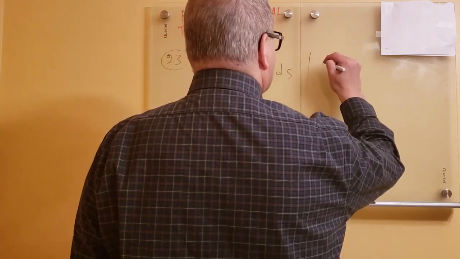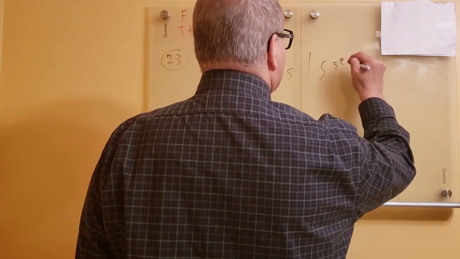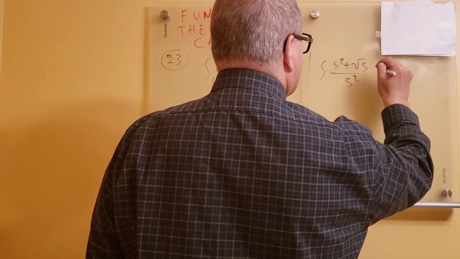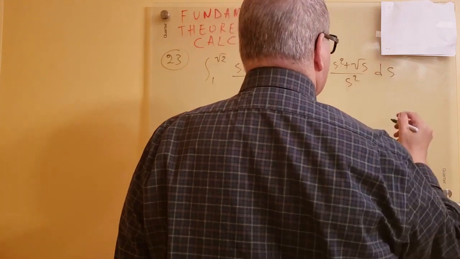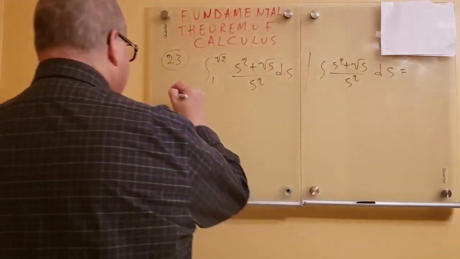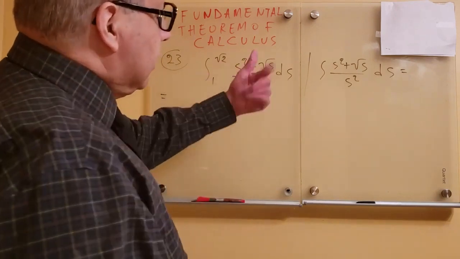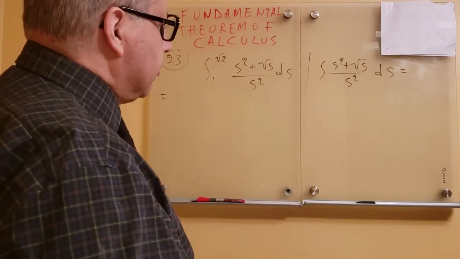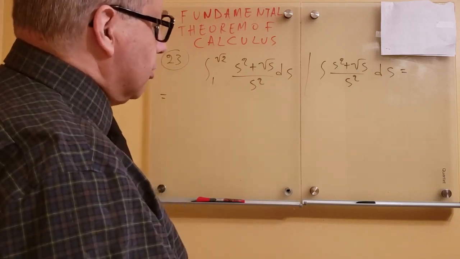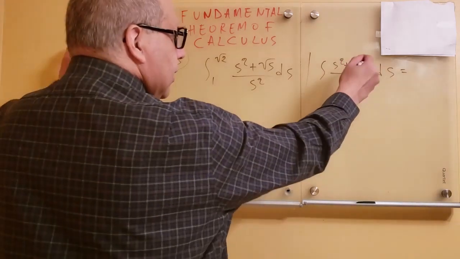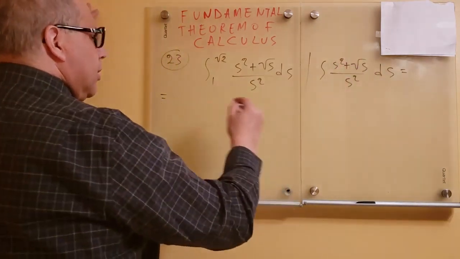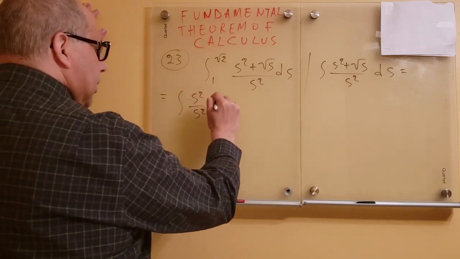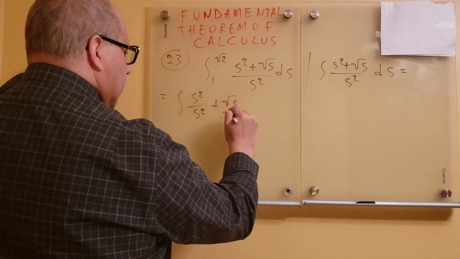So we have that the integral of s squared plus square root of s over s squared ds. So how much is this? I mean, here you have to make a small modification in order to be able to calculate this integral. What we do is we break the numerator, so that means that we can rewrite this as s squared over s squared plus square root of s over s squared.